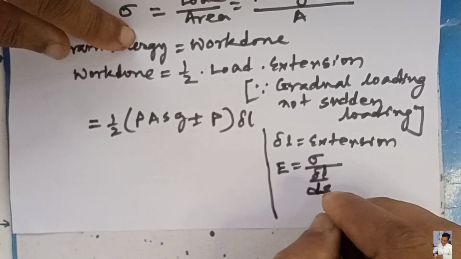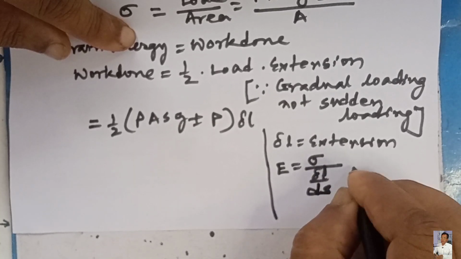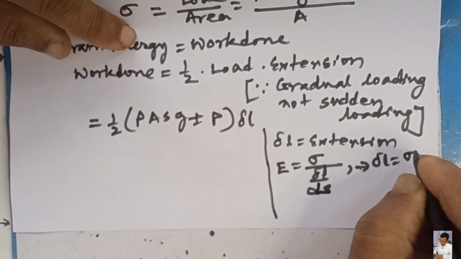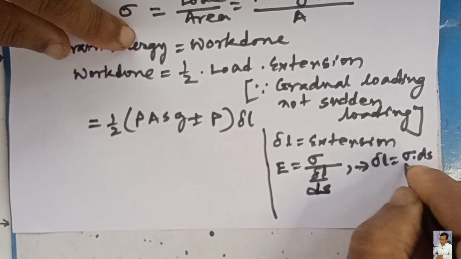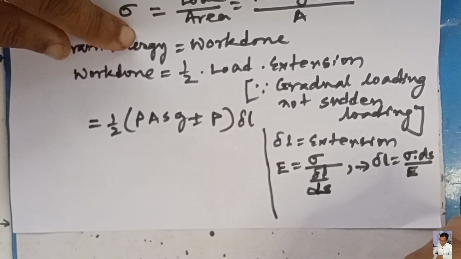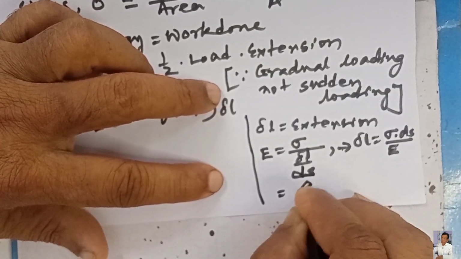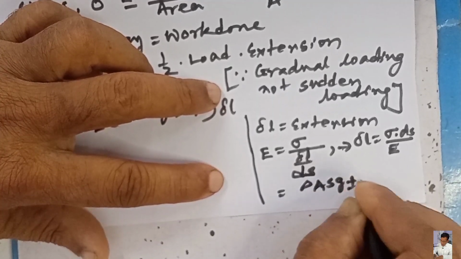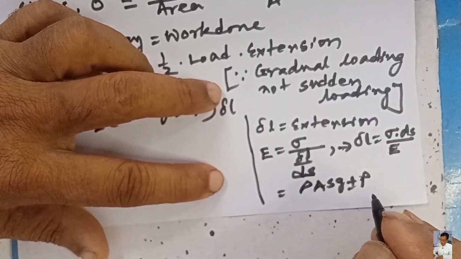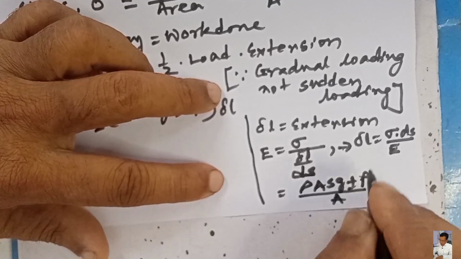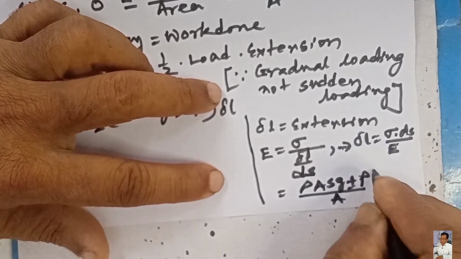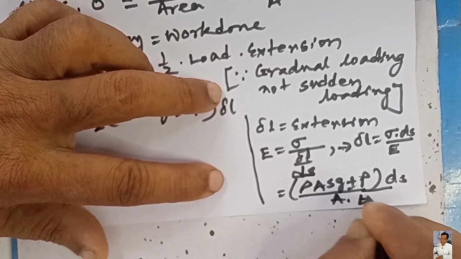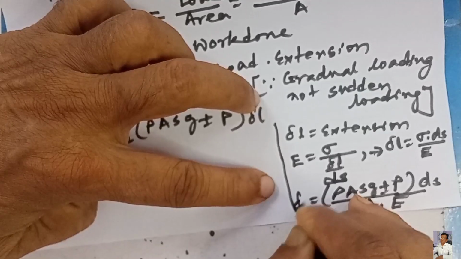So E is equal to stress sigma divided by del L by ds, or del L is equal to sigma into ds divided by E. That is, rho A S G plus minus P, divided by A, into ds divided by E. This is del L.